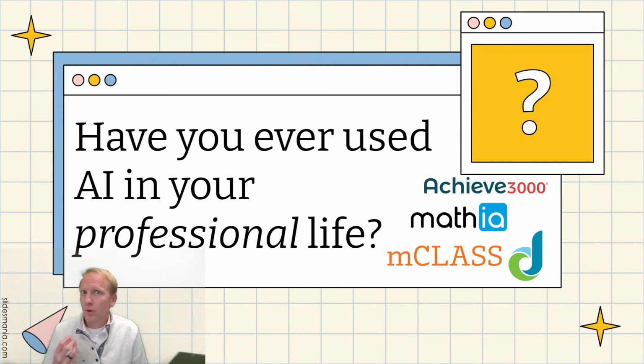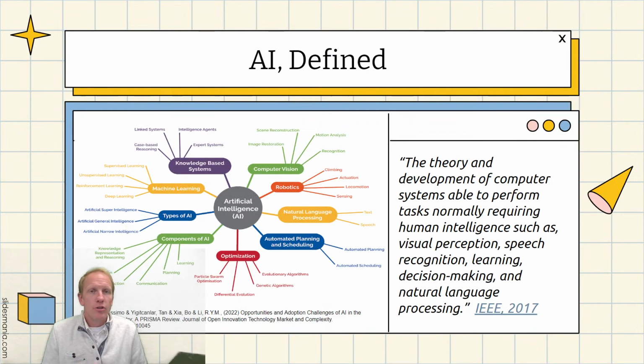There's aspects of artificial intelligence in that platform. Same with M-Class, same with Dreambox. And those are 2 different RTI platforms that we use in our elementary environment for RTI. So AI is there. And before we go any further talking about AI, I want to share this graphic and this definition.